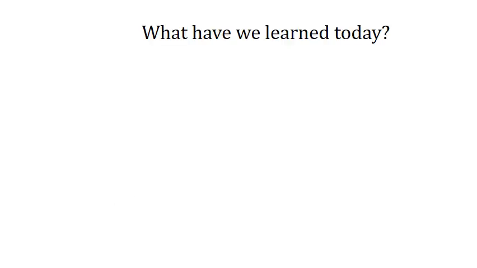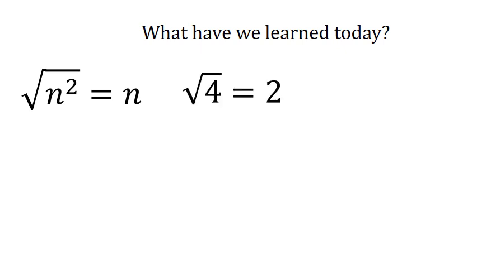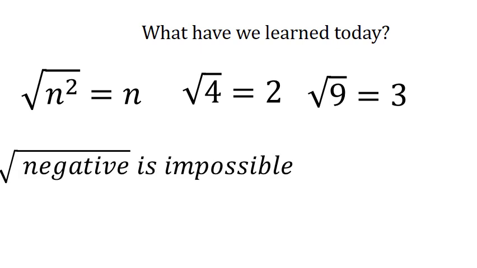So let's remember what we have learned today. We have learned that radical of n squared is n, and n should be positive. For instance, radical of 4 equal 2, because 4 is written as 2 squared. Radical of 9 is 3.